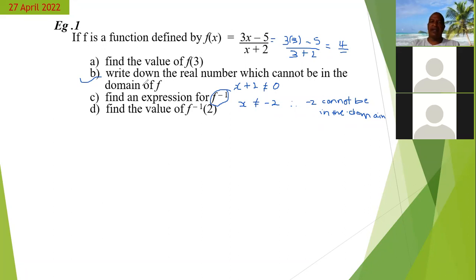So try finding the inverse. I'll give you about 3 minutes to try and find it, and then we will do it together. All right, guys, so you may begin. Your 5 minutes starts now.